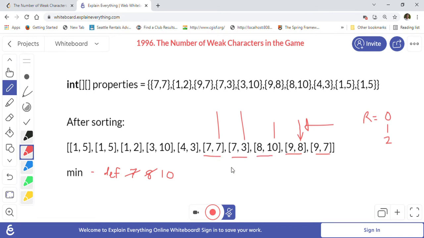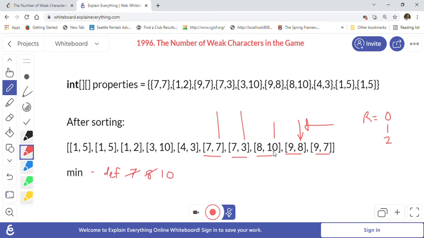This is the reason why we have sorted the array in this particular fashion. When we are traversing, we can identify a weaker character, because the sorting makes sure that whenever we have less defense power, it is always a weaker character.